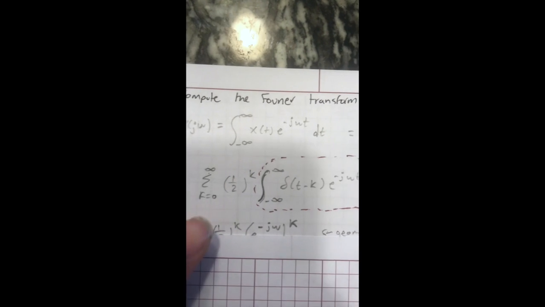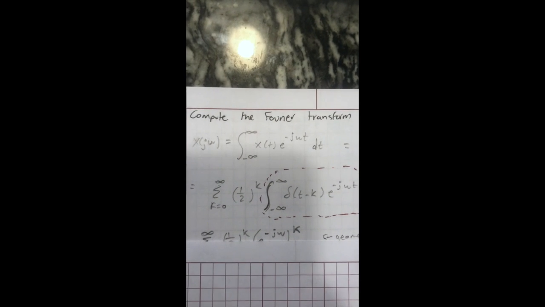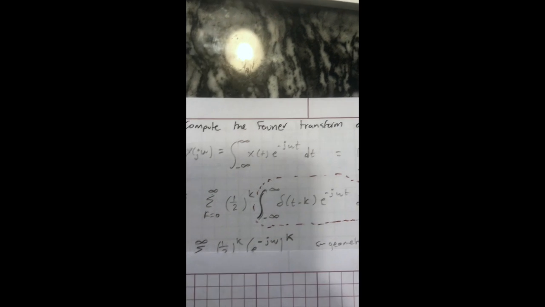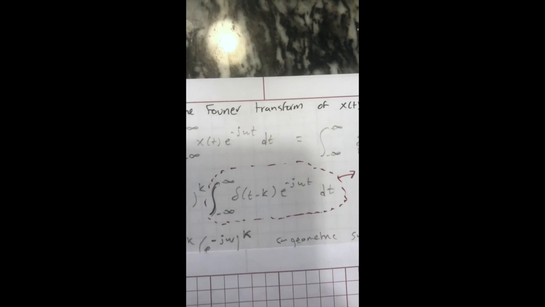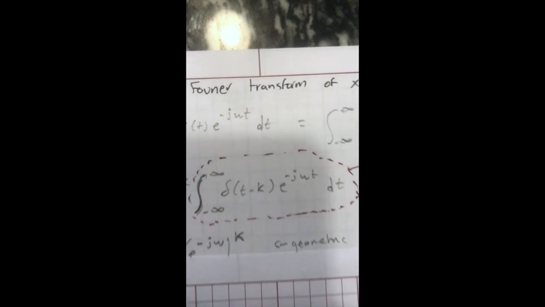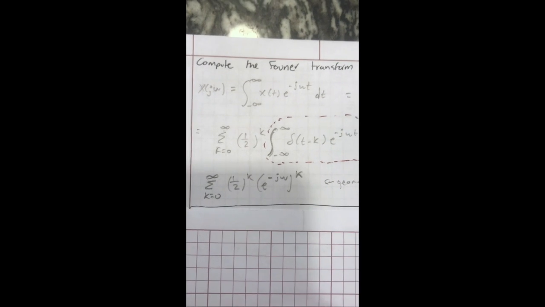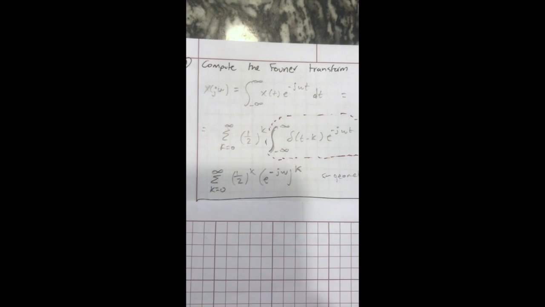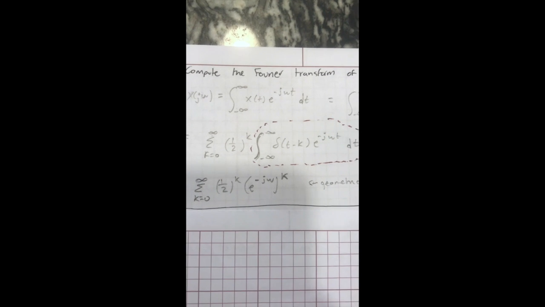So using that knowledge, you end up with the summation from k equals 0 to infinity of 1/2 to the k times e to the minus j omega k.